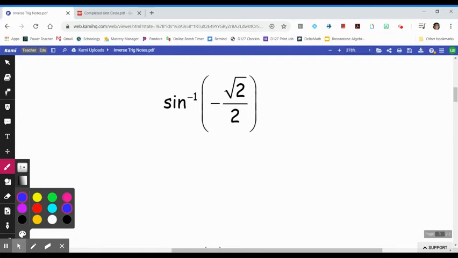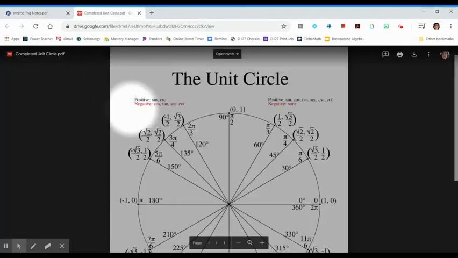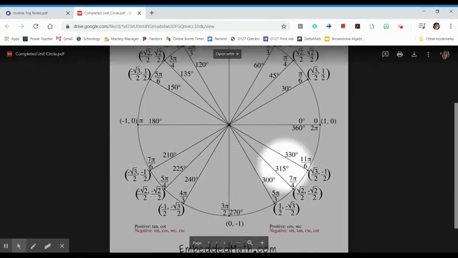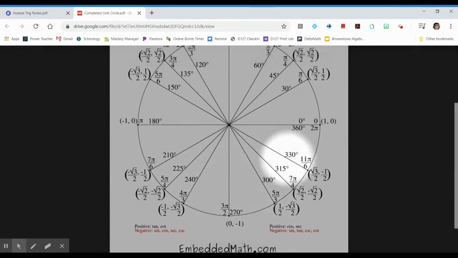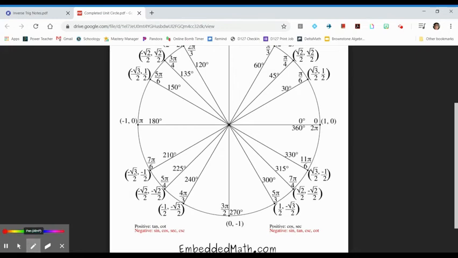On to the next problem. Sine inverse of negative root 2 over 2. This time we're going to be looking at the third and fourth quadrants. Specifically the fourth quadrant because we know that the range restriction is from negative pi over 2 to pi over 2. Hopefully you guys realize that we're looking at this ordered pair right here, this 7 pi over 4. But 7 pi over 4 is not within that range restriction.